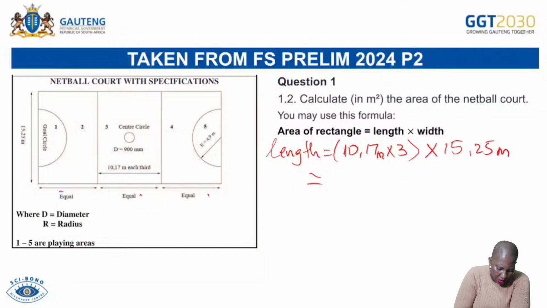And then you see, I'm just using the information that is given. So it is 10.17 times 3. It will give us 30.51 meters. We multiply it by 15.25 meters.